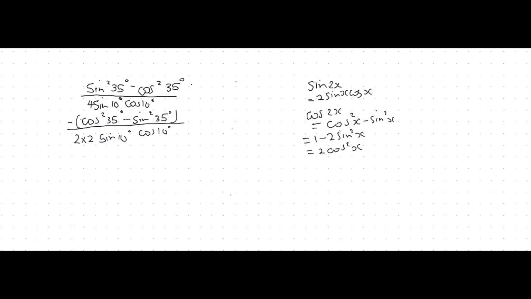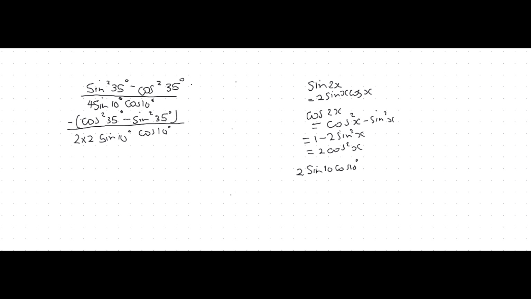Then this one, it looks like sine 2x. So in this case, our x is 10 degrees. So what I can do, I'll start from the back, like from the right hand side. I have 2 sine 10 degrees cos 10 degrees.